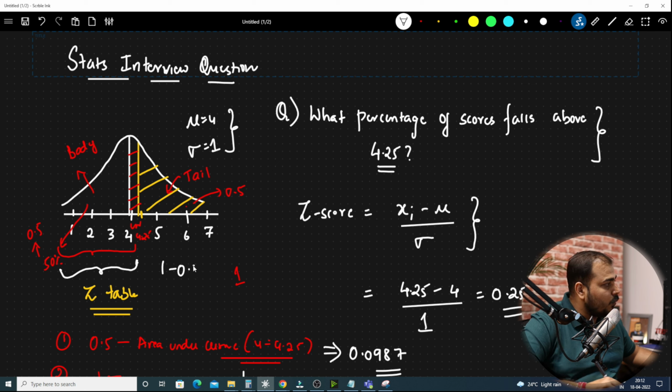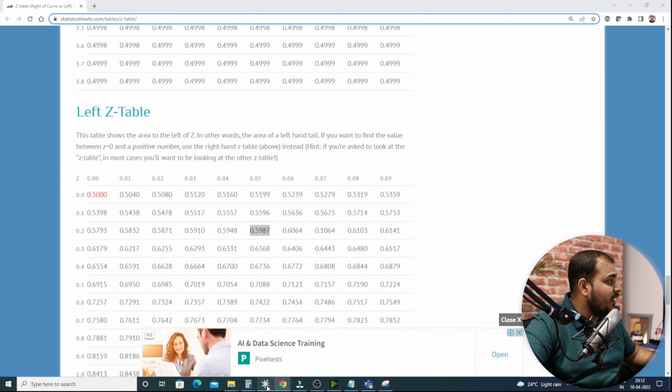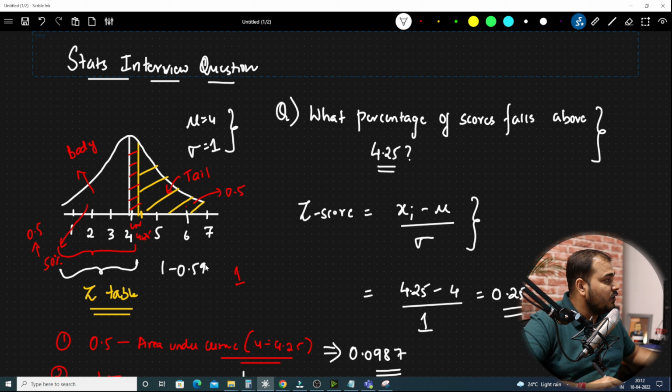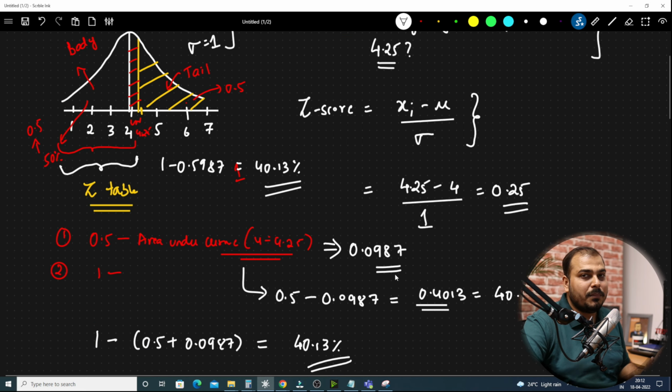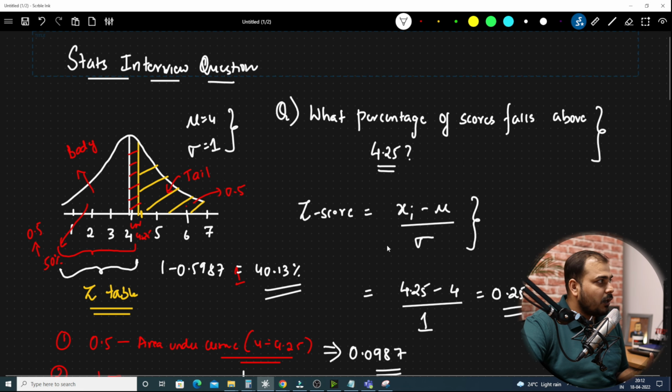So if I subtract 1 minus 0.5987, then also I am going to get this same value, that is 40.13%. Simple, right? I hope you like this problem statement.